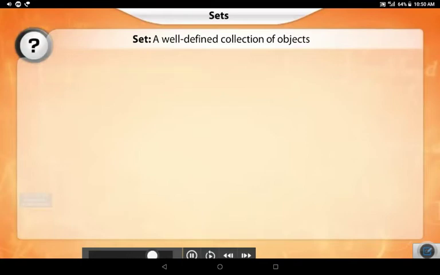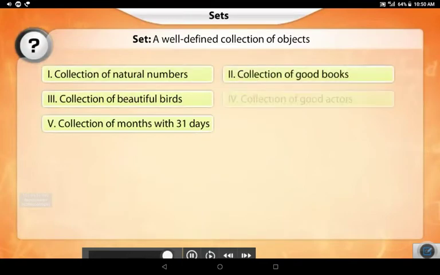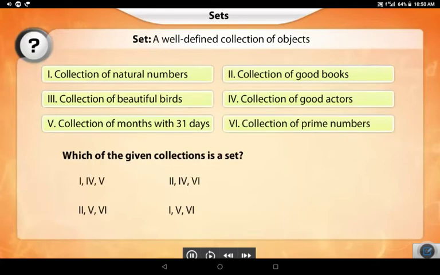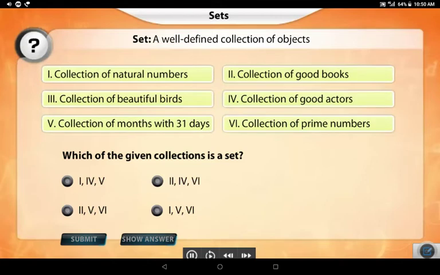Now consider the 6 collections shown. Which of the given collections can be classified as sets? Choose the correct choice and click Submit.